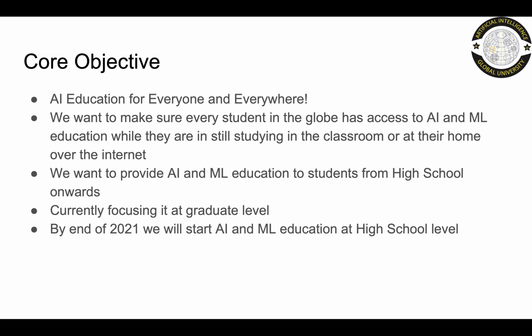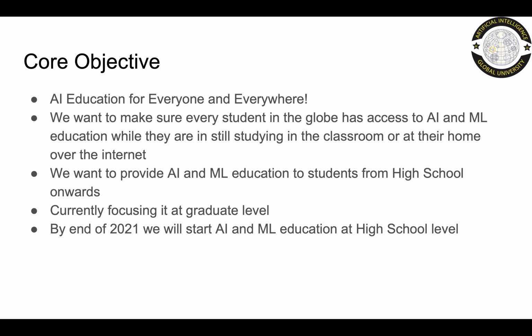We want to make sure that no student is deprived of this wonderful knowledge. Using our platform, we are trying to reach every corner of the world to assist educators and students in learning artificial intelligence, which is the next power to change everybody in this world.